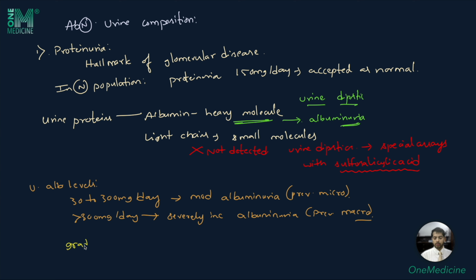A gradual increase in albuminuria is classically seen in diabetic nephropathy and indicates a decline in the renal function.